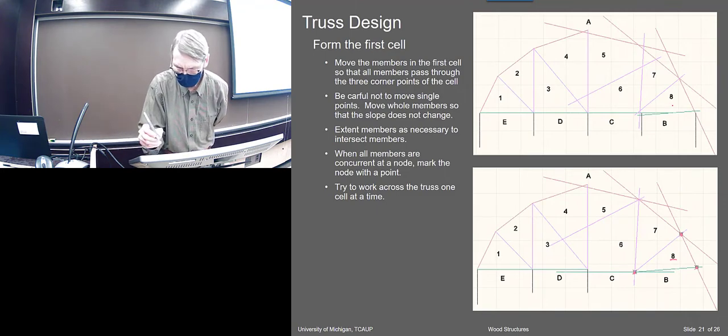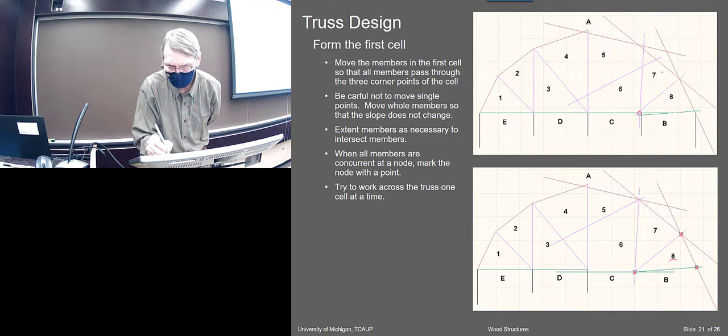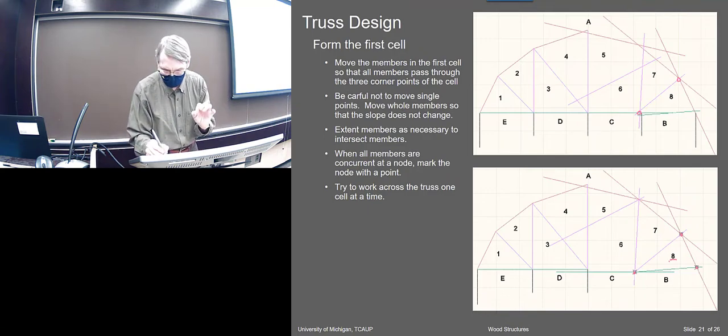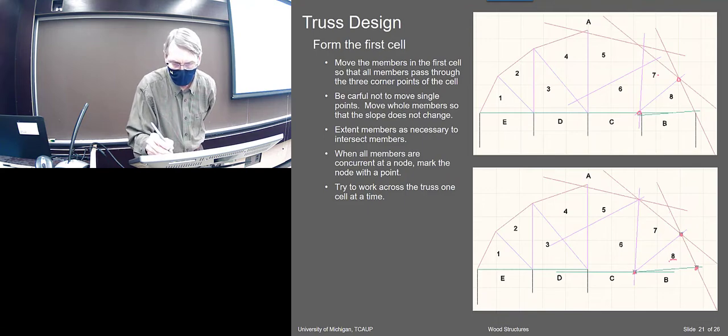So I've got this one. I moved this up, so we got that crossing. Now, once you move them, it kind of locks that point. So these 3 points are locked. So now I move to the next cell, and I could move that up maybe, and I could move this down so that those 2 would cross there, right?